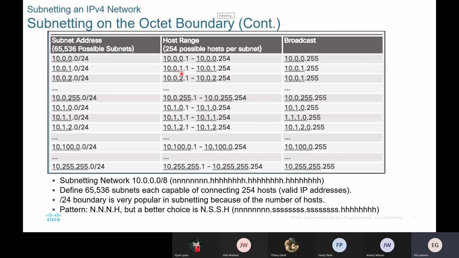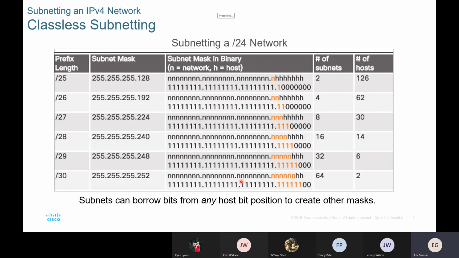Okay, so explaining subnets where the number of bits that you borrow is a multiple of 8 is very easy, because the boundary between the subnet part and the host part is at the byte level. Now, you can do something a little more complex.